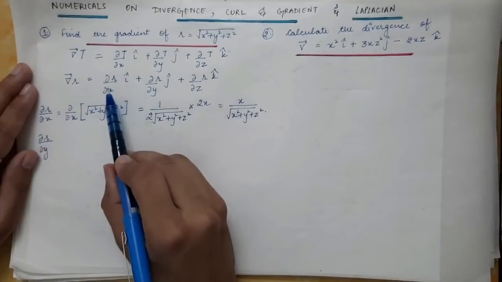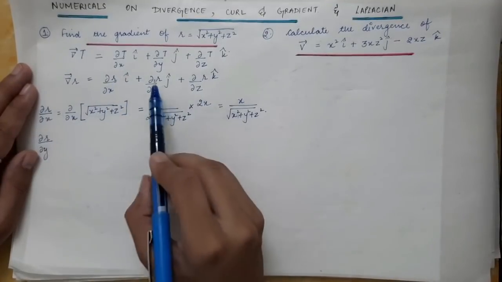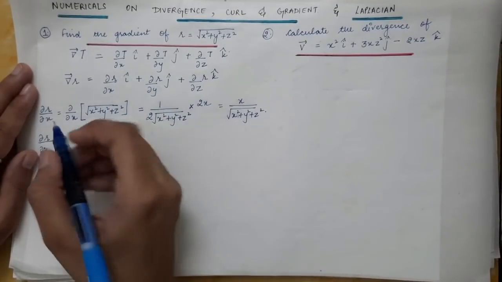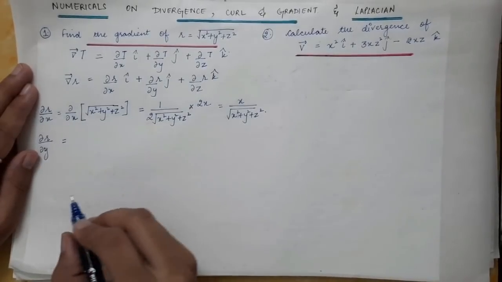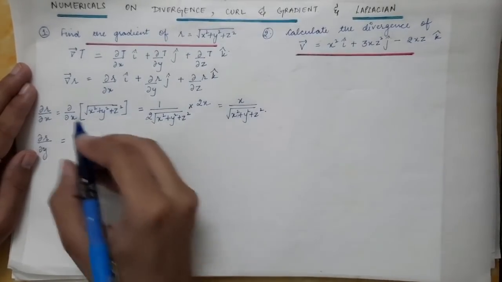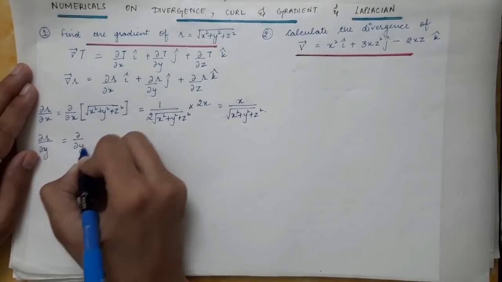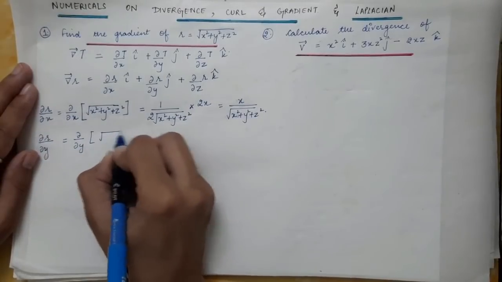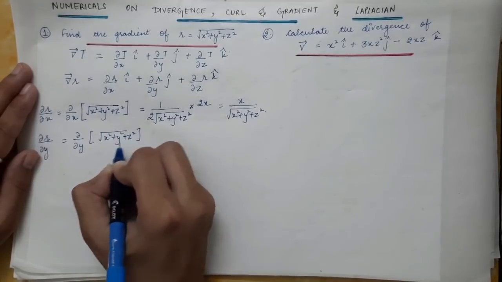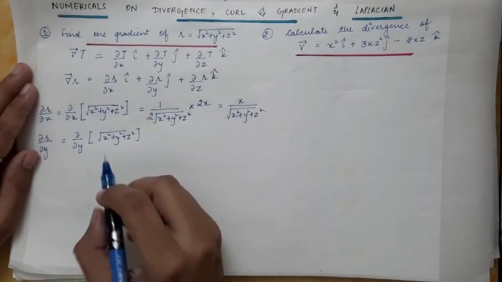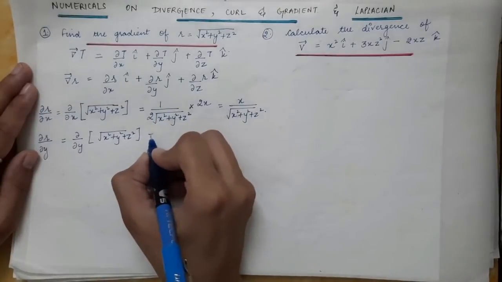We have already found del r by del x. Now we have to find del r by del y. In the same way, del r by del y is del by del y of the square root of x square plus y square plus z square. Now y will be treated as a variable, and x and z will be taken as constants.